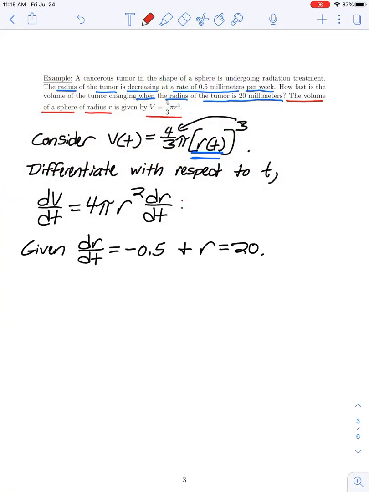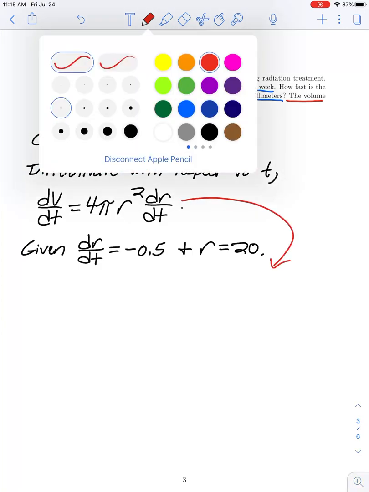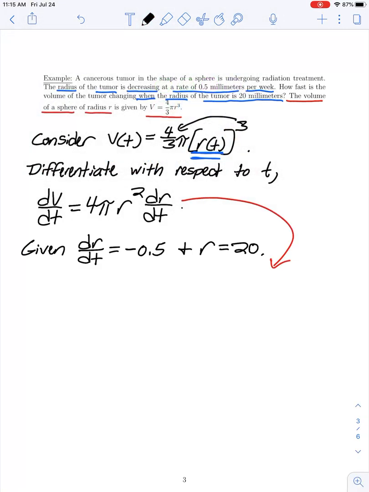So taking those values and substituting into the equation we had in the previous line, we have the derivative of volume with respect to time is equal to 4 pi times r, which is 20, squared, times dr/dt. Now dr/dt was negative 0.5.